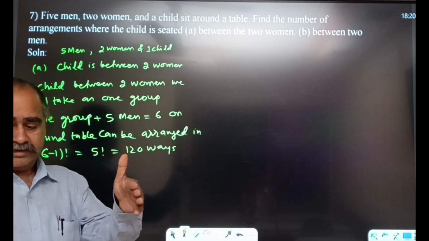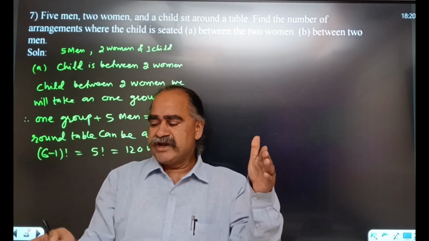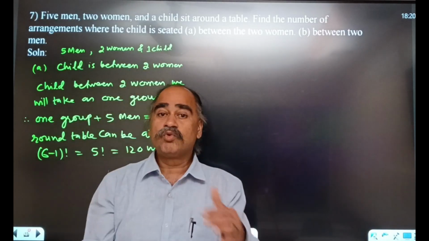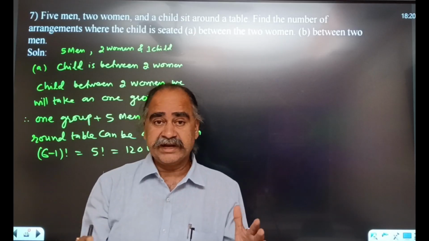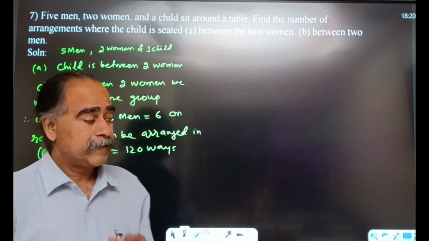Now the two men, Sita, Geeta, and the child. Now the two men among themselves can be arranged in 2P2. Only the two men, not along with the child, because the child should be in the center only.